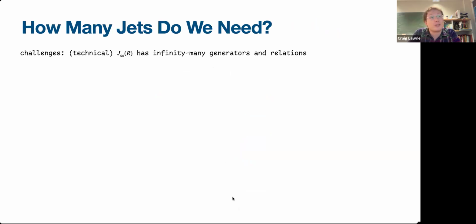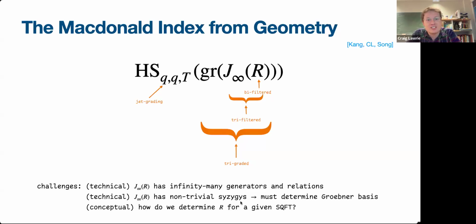So if you have non-trivial syzygies, then to actually compute the Hilbert series, you must first compute a Gröbner basis, and computing a Gröbner basis is generally speaking fairly challenging. This is an exponential time activity in the number of generators, and we're talking about things with very large sets of generators. So this is a very non-trivial technical challenge.